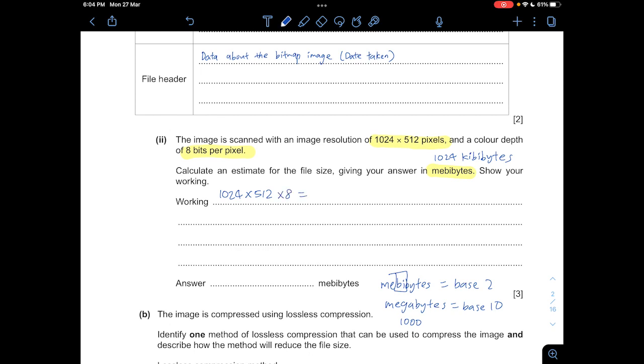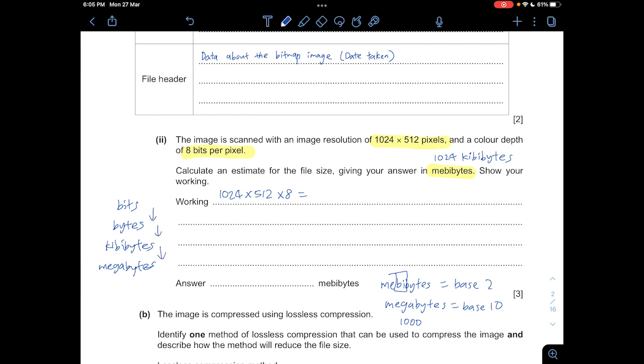But if you want to do a shortcut, like you don't want to calculate every single thing, you can actually omit the 8 bits, because we're going to be converting to bytes later on. So first from bits to bytes to kibibytes, and then finally mebibytes, step by step.